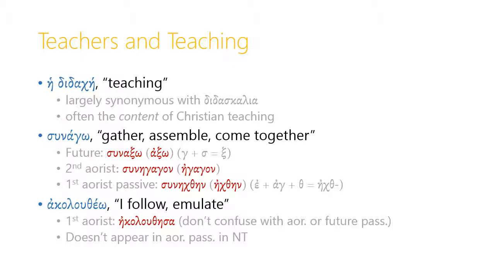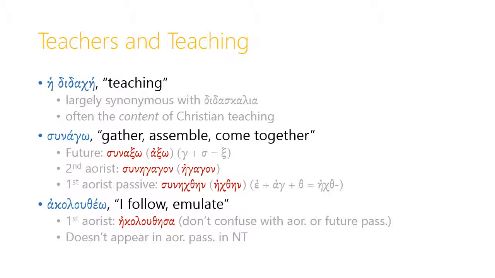But it should be fairly clear once you look at the ending, the sa ending, that doesn't match any of our aorist passive endings or our future passive endings. And so that should prompt you to say, oh, maybe that theta is part of the stem of the word. And sure enough, it's part of the stem akoluth or akoluthe.